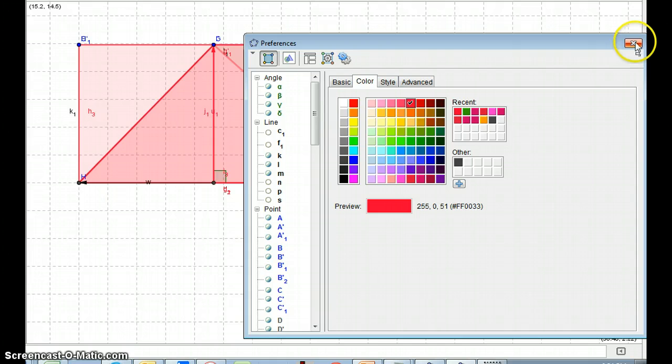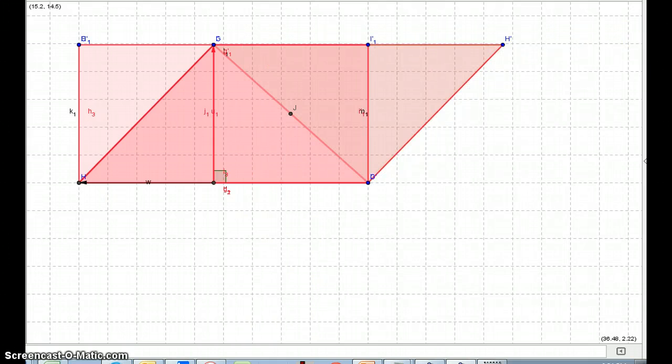Oh, I'm decorating a whole polygon. I don't really want to do that. But how do I decorate this height segment? Is this segment J sub 1? I'm just going to find J sub 1 over here and change the properties of it.